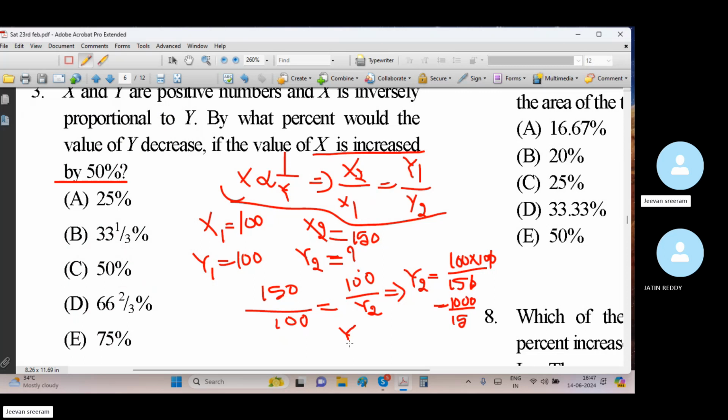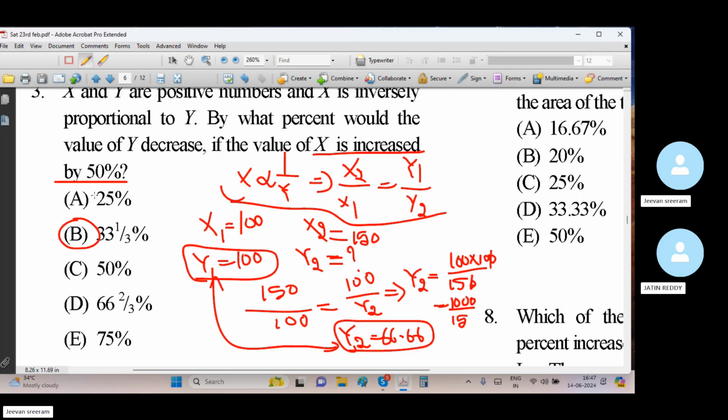Y2 is actually 66.66. So how much has it reduced? From 100 to 66.66, it is 33.33%. 1 by 3 means 0.33.